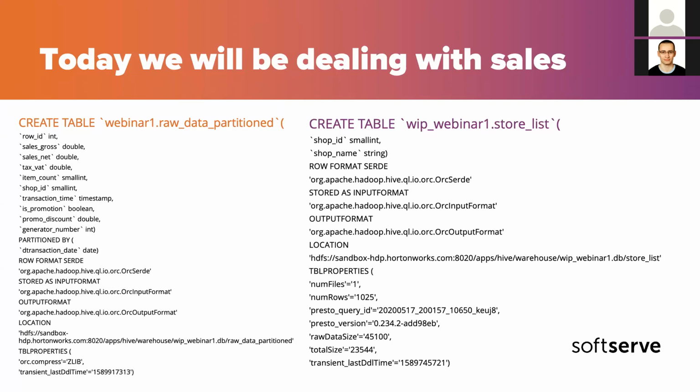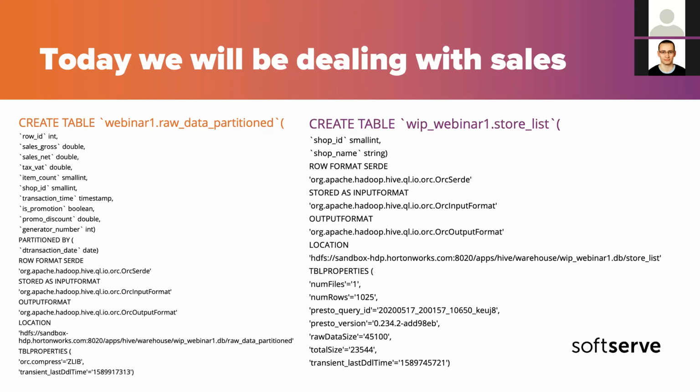So one of them, maybe let me quickly say what we have in here. One of them is a table that has sales. As you can see, we have some IDs in that table. We have information about promotions, discounts, the shop ID which the sales belong to, and then the values for sales, gross, net, and the tax.